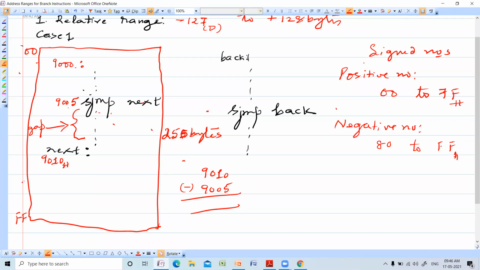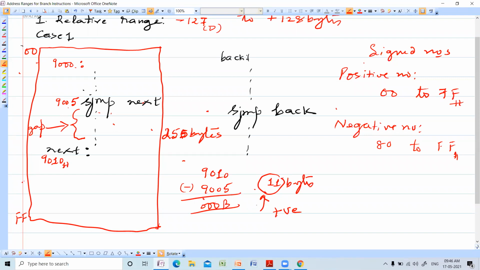The value of borrow is 16, minus 5 is 11. 11 is B. So the gap is 000B, that is 0B, about 11 bytes. Whenever you see this 11, it falls in the range 00 to 7F and the gap is positive.